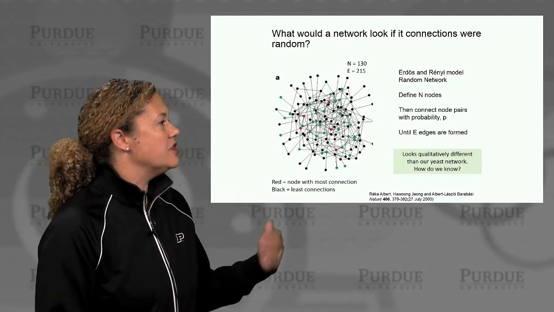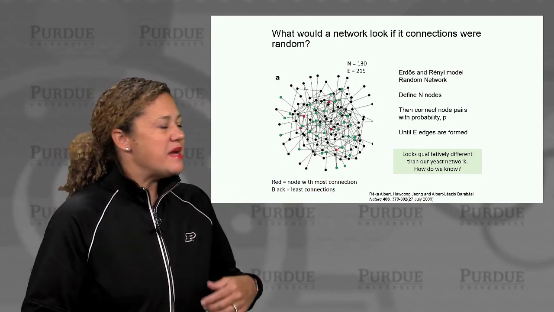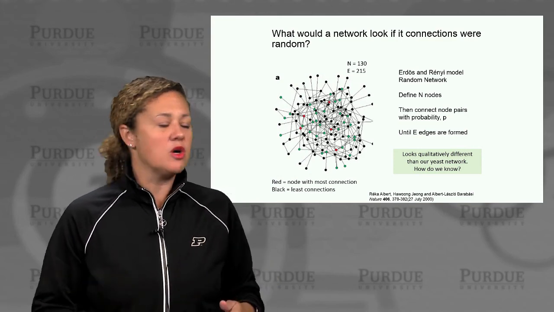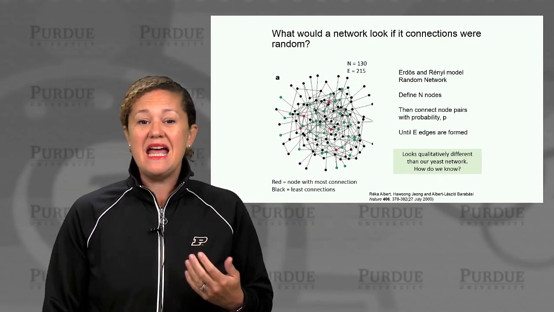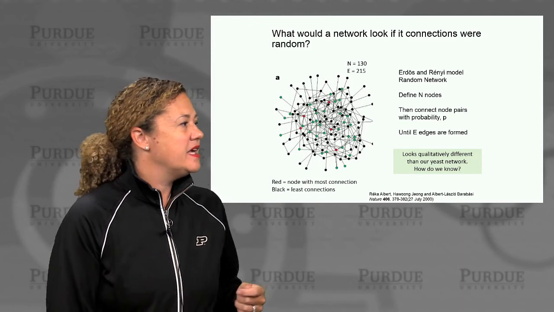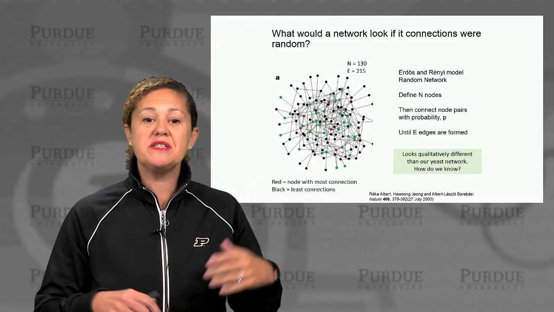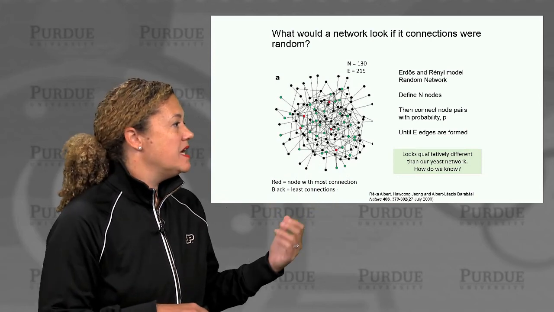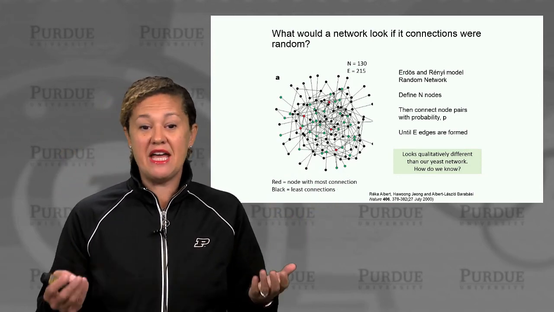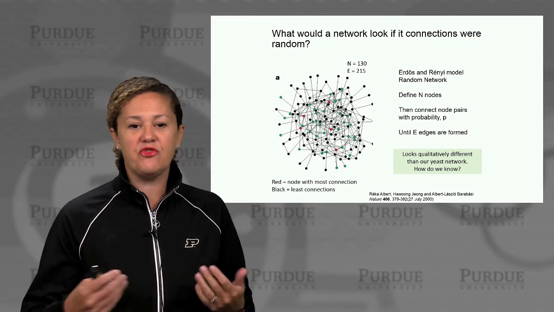One model is the Erdos-Renyi model, where to create this random network, we would define some number n of nodes and then connect those nodes at random with some probability p, until a set number of edges or interactions are formed.